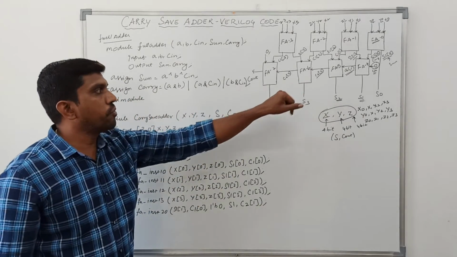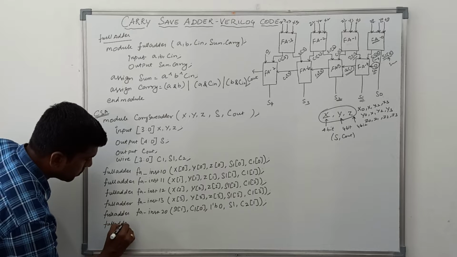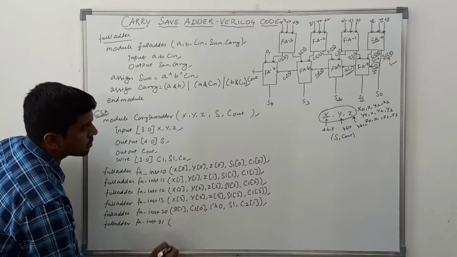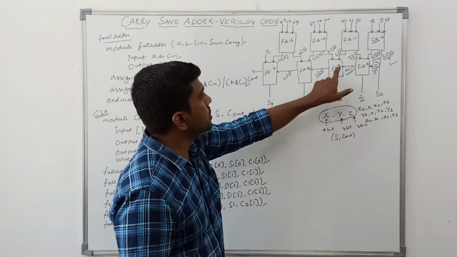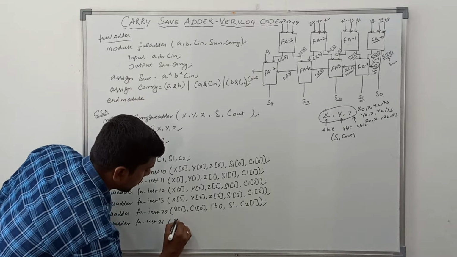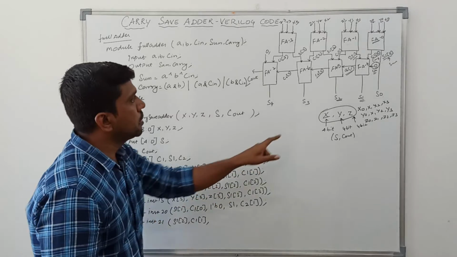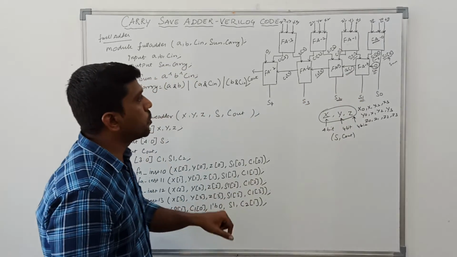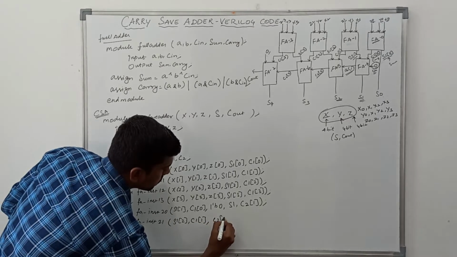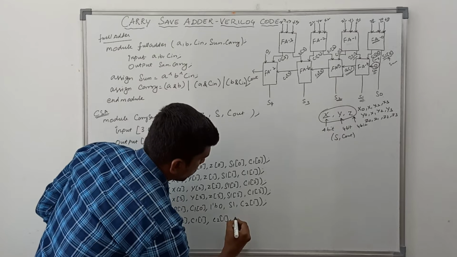Then come to FA5. So full adder FA2 1. Here input signal is S1 of 2 and C1 of 1. So S1 of 2 comma C1 of 1 comma carry value is C2 of 1. Then output is S2 and C2 of 2.